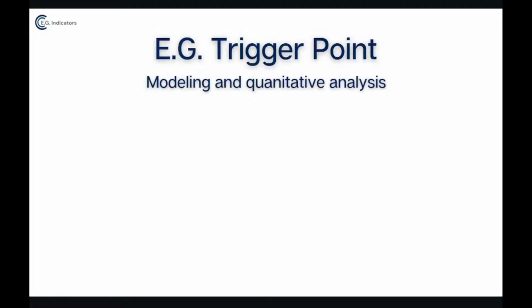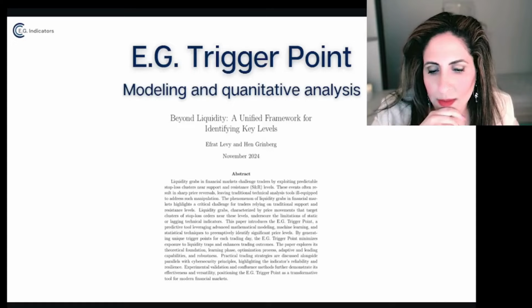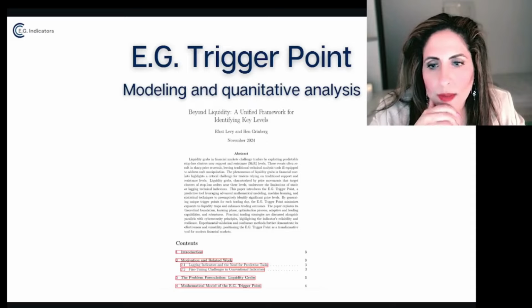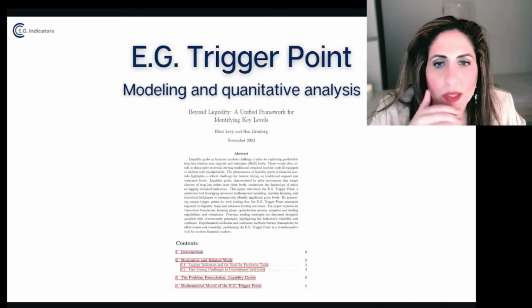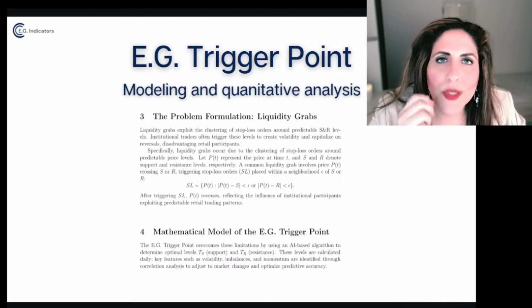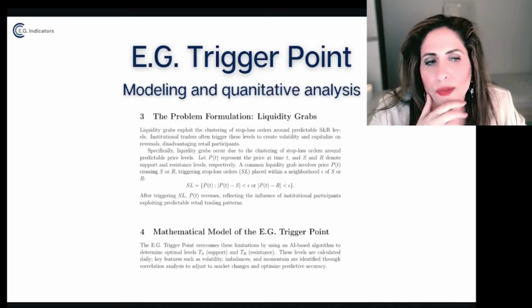Before I share my own strategy, guys, let me briefly present our paper titled Beyond Liquidity. It contains many chapters. We tried to explain this algorithm, and when we developed the algorithm, we described the problem formulation as follows.